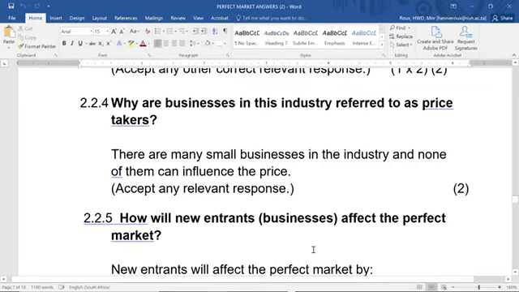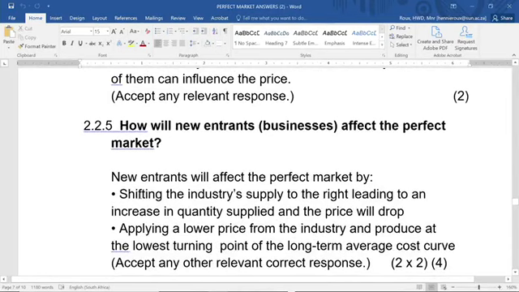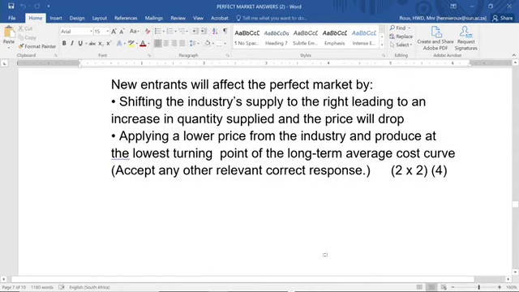So new entrants will affect the perfect market by shifting the industry supply to the right, leading to an increase in quantity supplied, and the price will drop, right? Applying a lower price from the industry and produce at the lowest turning point of the long-term average cost curve.